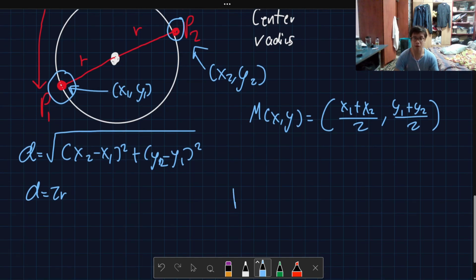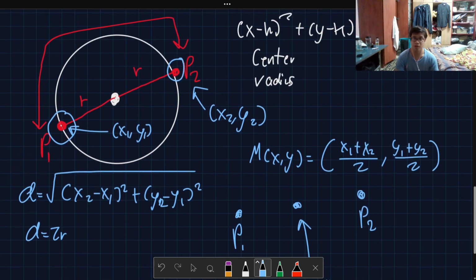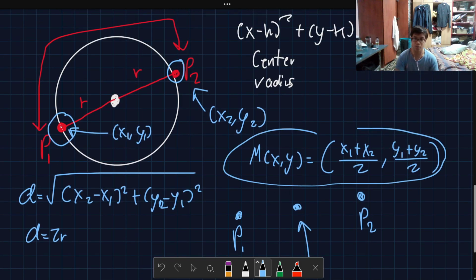If I have point 1 here and point 2 here, we want to know the middle point, like halfway to the next point. The median, or we call it the middle point. So in the middle point, you're going to use this formula.